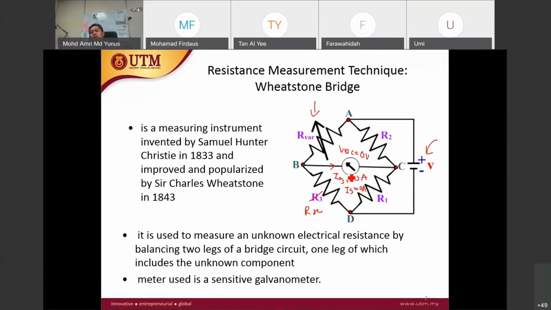That is when the bridge is at balance, in other words, when there is no deflection shown by the galvanometer. The purpose of the galvanometer is to check whether the bridge has reached the balance condition, and later we use that condition to estimate the value of Rx.